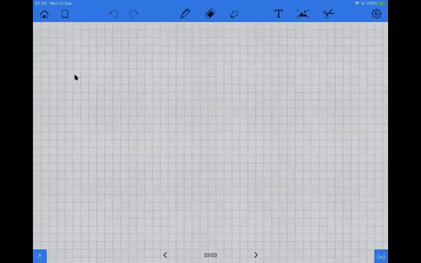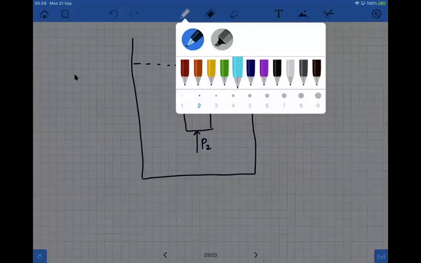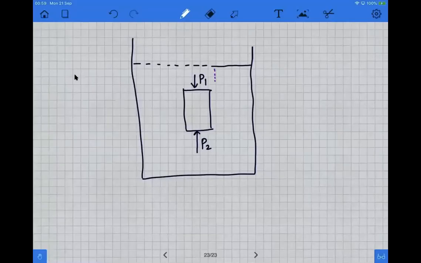Now, if we consider the whole picture, then if this is the liquid, then for this cylinder, P1 or F1 is acting at the top, P2 is acting at the bottom. If we care about depths, then the depth of the top is, let's suppose, H1, and the depth of the bottom is H2.